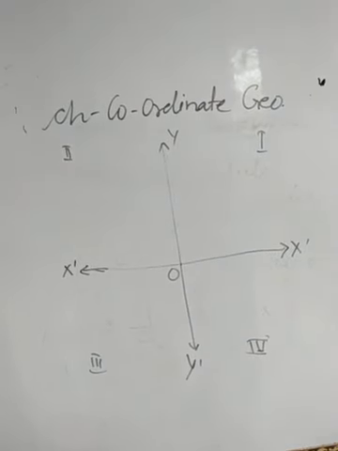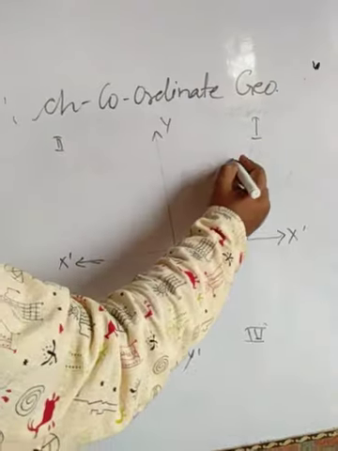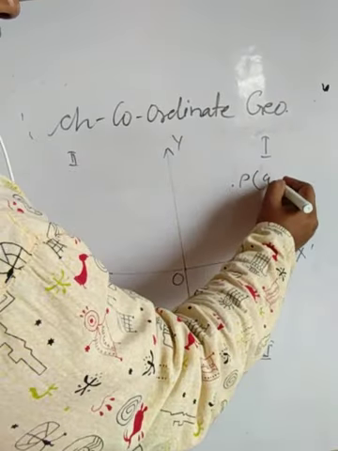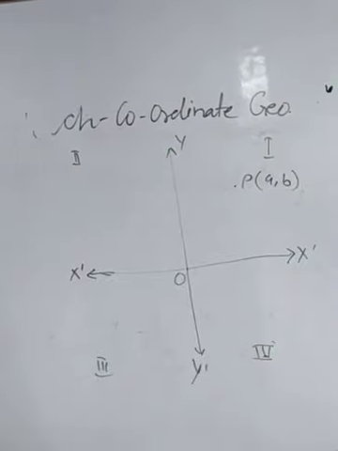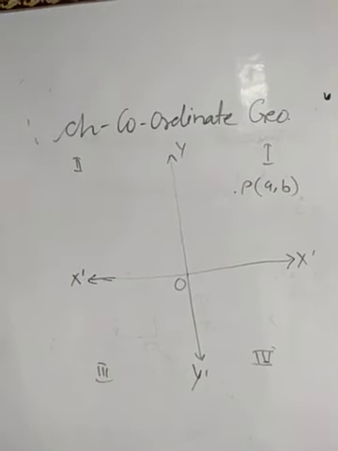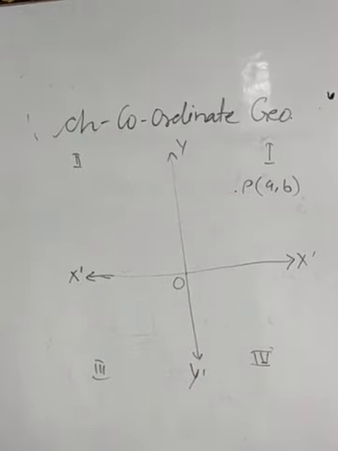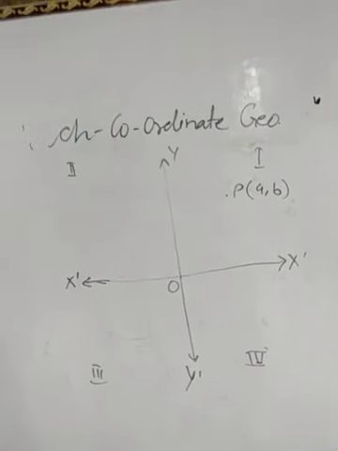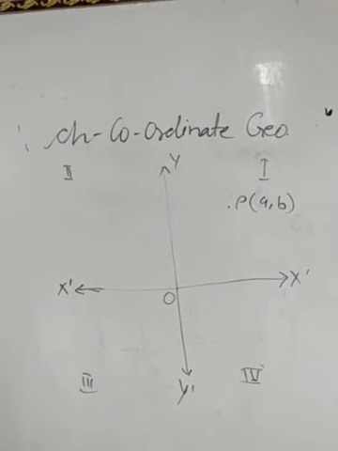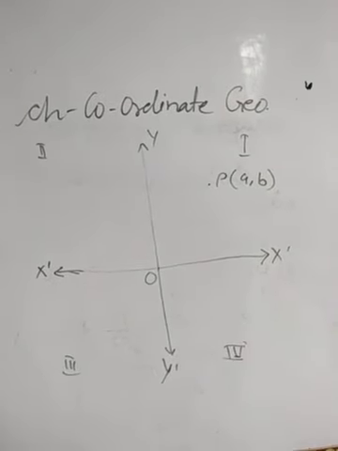If you are going to plot a point P, let us suppose that point P lies in the first quadrant and this is A comma B. I have written A comma B in the first quadrant because A and B both are positive, and in the previous figure I showed that if the abscissa as well as the ordinate are both positive, they will lie in the first quadrant.